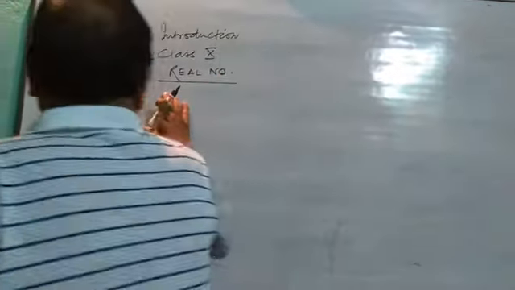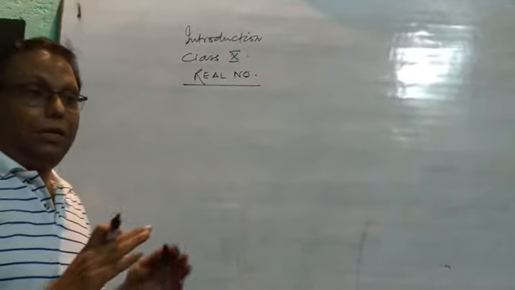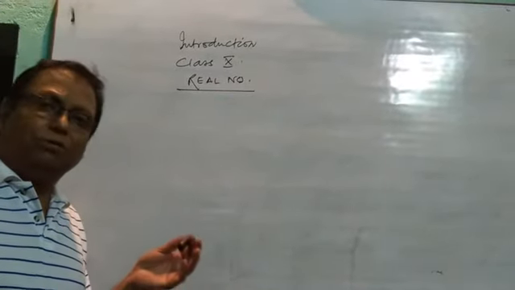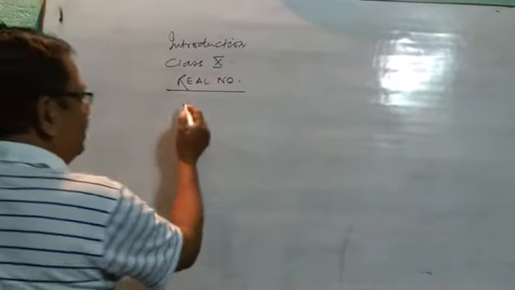Now, we will see the number system. In the number system, all the numbers are there. Whatever number you can think of, that number is there in the number system.